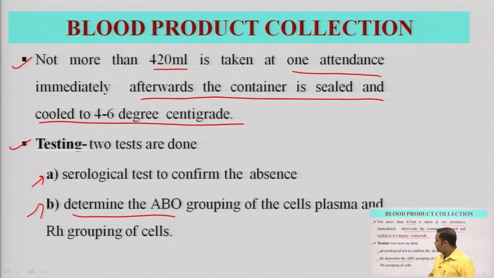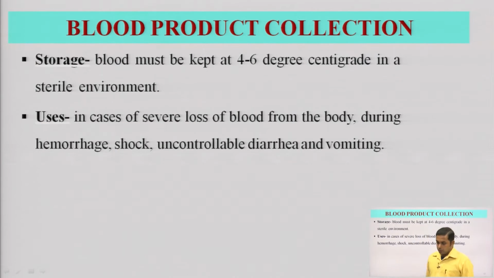So, you have to do two kinds of tests: to check if the person who has given the blood has any disease, and to check the blood group. Then you have to store it at 4 to 6 degrees centigrade, as I have already mentioned.